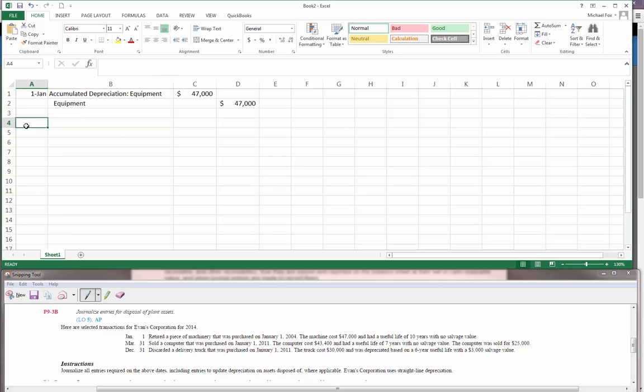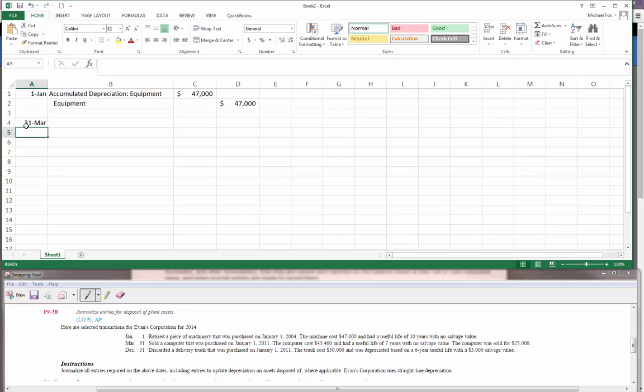So on March 31st now, we have sold a computer that was purchased on January 1st, 2011. The computer cost $43,400 and had a useful life of 7 years with no salvage value. So the computer was sold for $25,000. So we've got a bunch of things going on here. Okay.